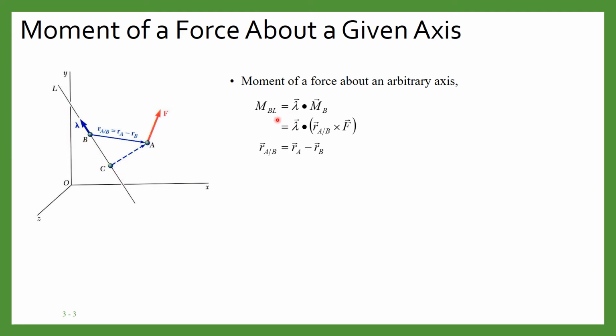Then MBL will be equal to the unit vector along this axis, that is lambda, dot MB, which means the moment of this force about point B. Now the moment of force about point B can be calculated simply by R AB, that is position vector of A minus position vector of B, cross F, and we need to simply take the dot product.